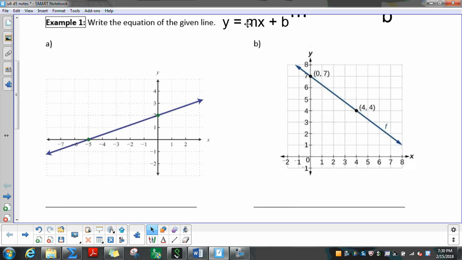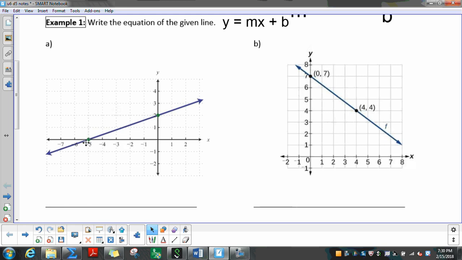Like I showed you before, there are two ways you could find slope: rise over run from the graph, or, if you're more confident with the formula, you could use the ordered pairs and plug them into the formula. With a graph, I think rise over run is a little bit easier, so that's what I'm going to show you.